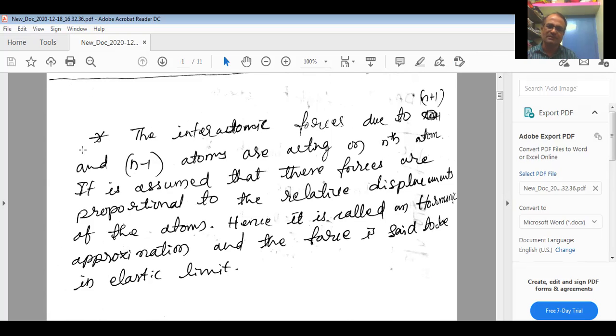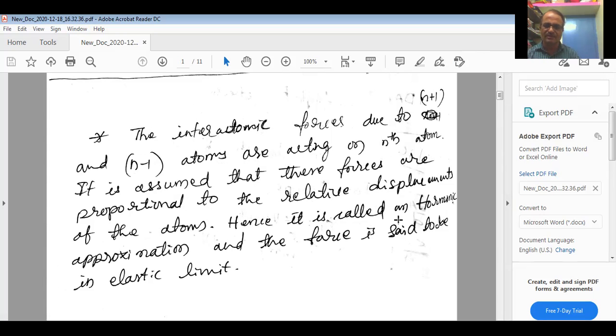So the forces due to n plus 1 and n minus 1 atoms are acting on the nth atom. It is assumed that these forces are proportional to the relative displacement of the atoms.